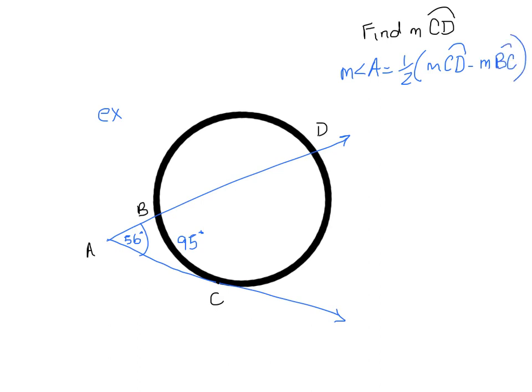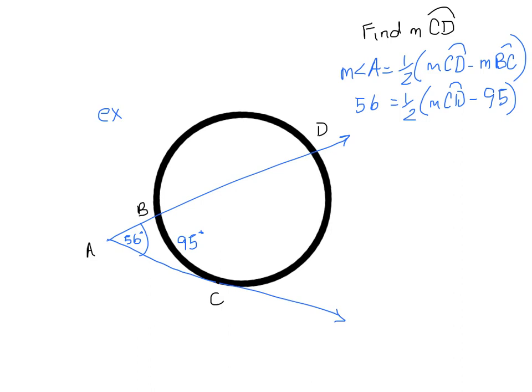We know most of this information already, so we can plug in what we know. 56 is equal to half of arc CD, which we don't know and is what we're being asked for, minus the measure of arc BC, which we know is 95.